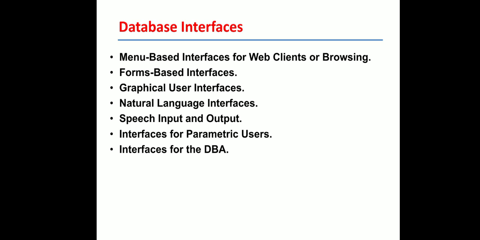Then we have form based interfaces, then graphical user interfaces, those are called GUIs. Natural language interfaces. Then speech input and output. Next, interfaces for parametric users. The last one is interfaces for the database administrator.